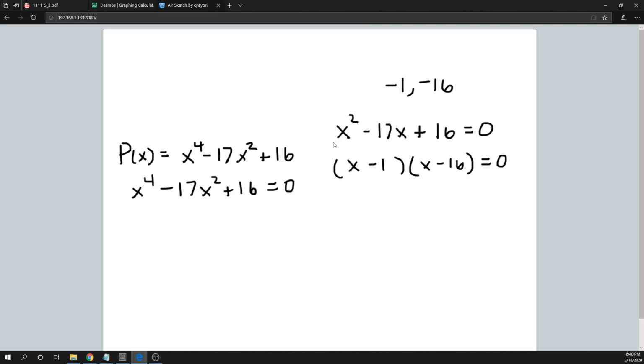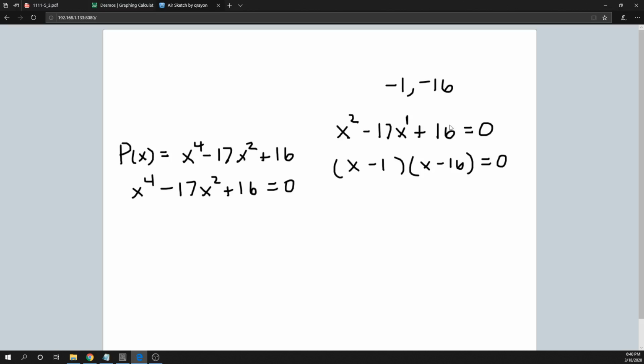So notice, though, that these two basically follow that same pattern. Here the first term is x to the fourth, and on the middle one the exponent is 2, which is half of this one. The constant is the same thing, because it's like having an x to the 0 right there, so it follows that same pattern.